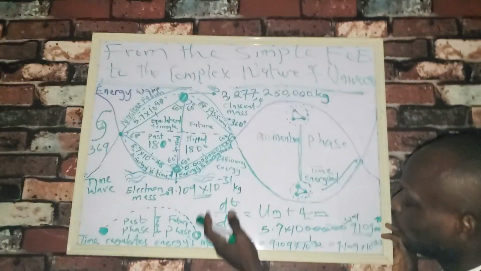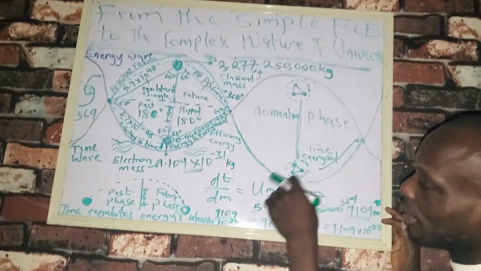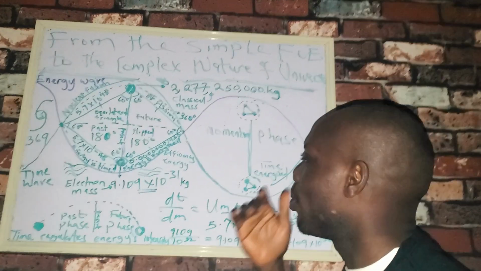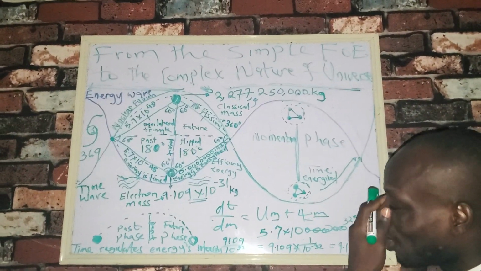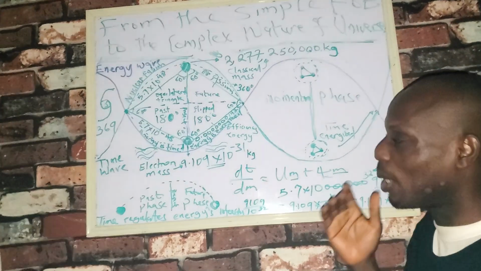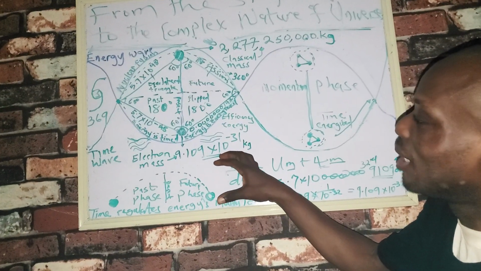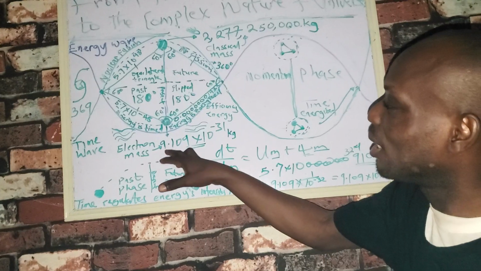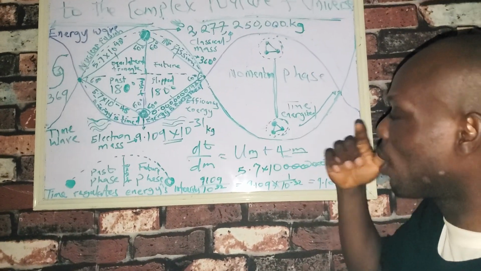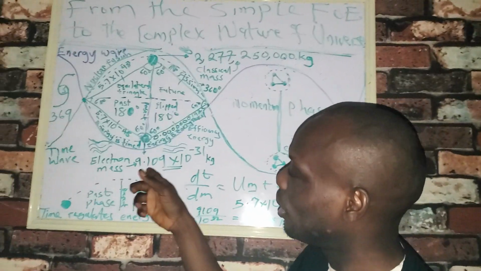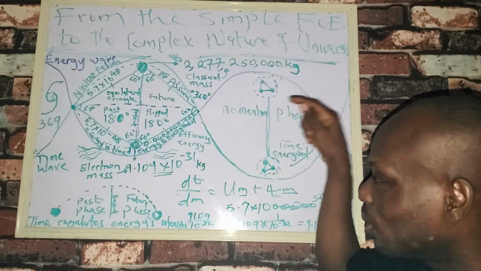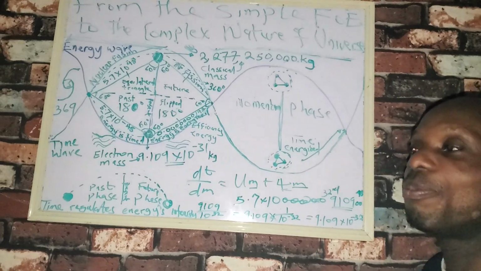We can put it inside the formula again to reconfirm the input. Now, for you to reconfirm this particular electron mass, you discover that instead of getting 9.109 times 10 raised power minus 31 kilogram, you will get 9.109 times 10 raised power minus 32 kilogram.